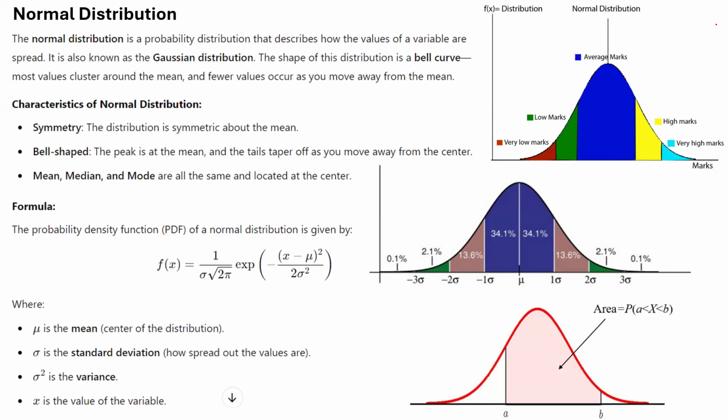What are eigenvectors? But for now, let's go back and understand what normal distribution is. We already studied normal distribution, right? Normal distribution is a probability distribution. What is probability distribution?